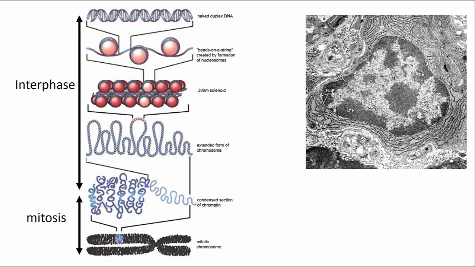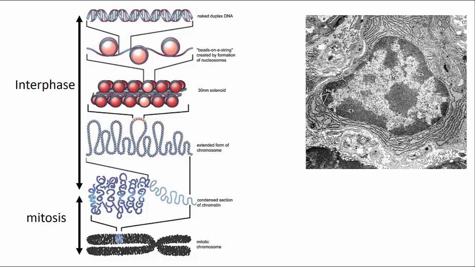And one thing that people noted was that there are regions that are more densely staining. These tend to be along the edges of the nucleus, and there are also regions that are more lightly staining within that nucleus. If you looked at where DNA was in that whole nucleus, you'd find that it is throughout, not only in these dense regions, but also in the lighter staining regions.